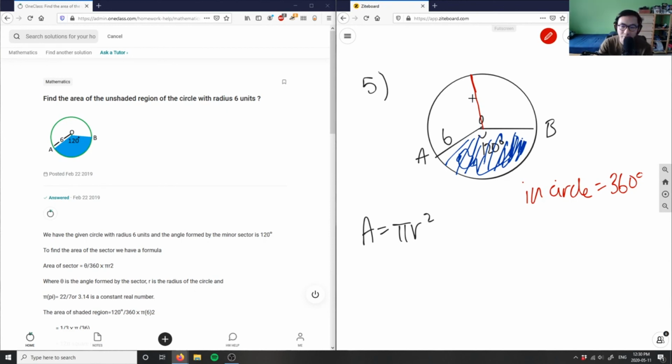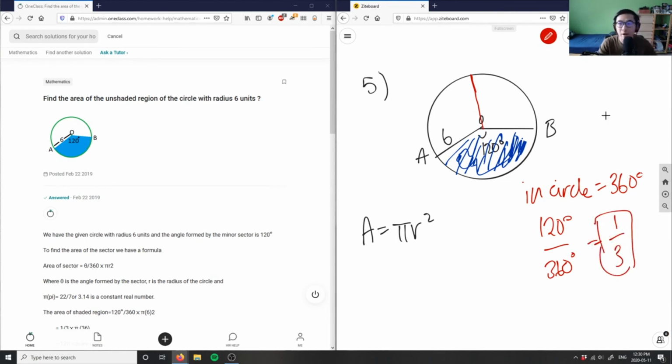Although it's not accurate, it's not to scale here. These are supposed to be equivalent values. So in a circle, it's 360 degrees. So if my shaded region is only 120 degrees, it's simply 1/3, right? I can simply do 120 degrees over 360 degrees, and this simplifies to 1/3.